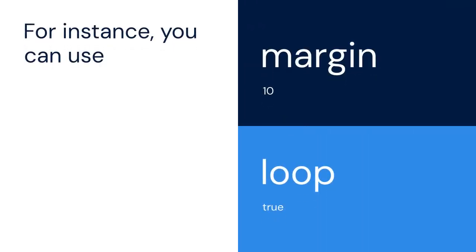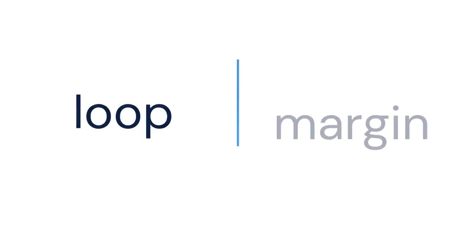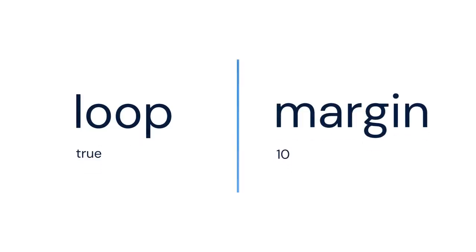For instance, you can use loop: true, margin: 10, nav: true, responsive: {0: {items: 1}, 600: {items: 3}, 1000: {items: 5}}, to create a responsive carousel that loops, has a margin of 10 pixels between items, displays navigation arrows, and shows different numbers of items based on the screen size.